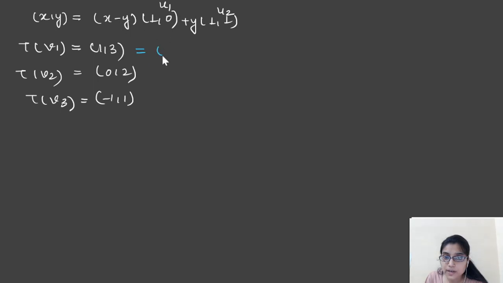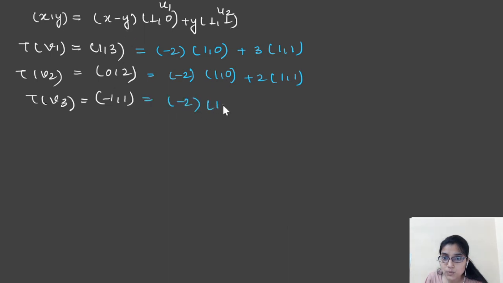This is x minus y, so this is minus 2 times (1, 0), and this is y, so this is 3 times (1, 1). Then x minus y is minus 2, again (1, 0), and 2 times (1, 1). X minus y, that is minus 2 times (1, 0) plus 1 times (1, 1).